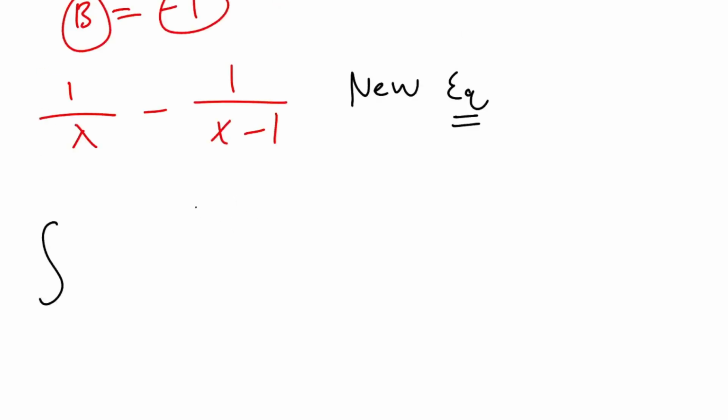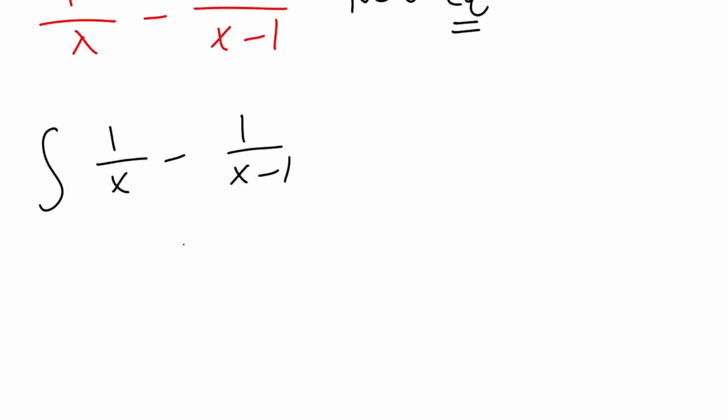So, let's do it. What we're going to be basically doing is we're going to take the integral. So the integral of 1 over x minus 1 over x plus 1 is basically going to be equal to, remember, the natural log of modulus x minus the natural log of modulus x plus 1 and plus c.